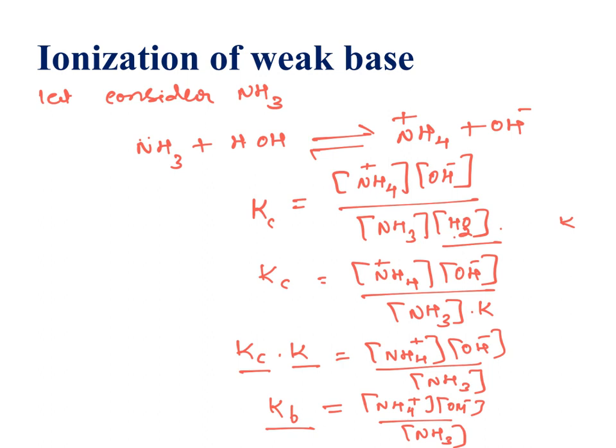It is the product of the concentration of hydroxyl ion OH minus and cation NH4 plus, divided by the concentration of the undissociated base, equal to a constant. This constant is called the base dissociation constant or the dissociation constant of the base. And this value also varies only with temperature.